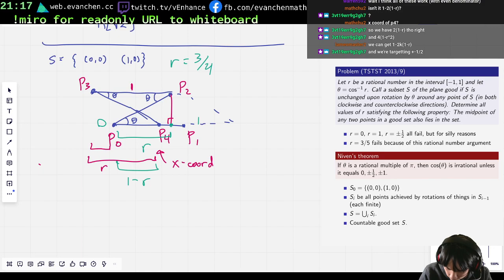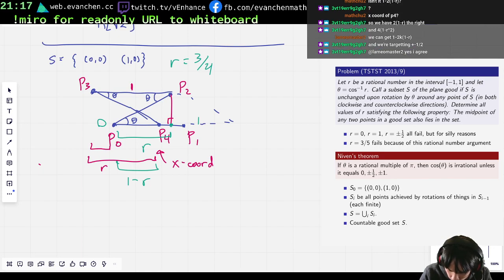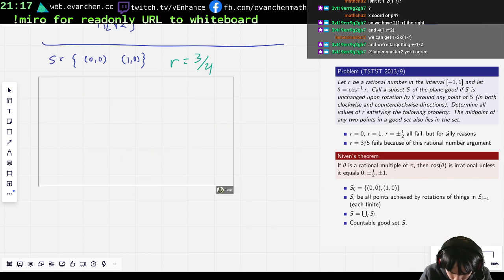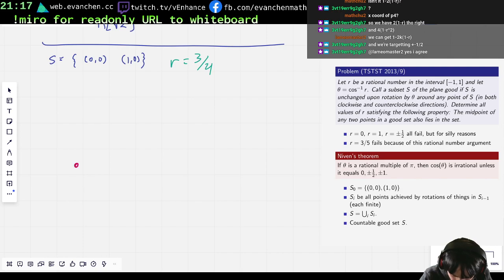Restart. We are doing elementary geometry, all right? We are smart high school level Olympiad students. We can solve basic geometry.